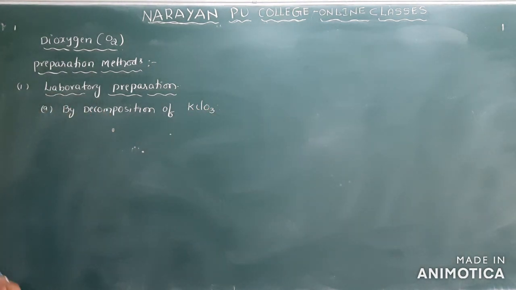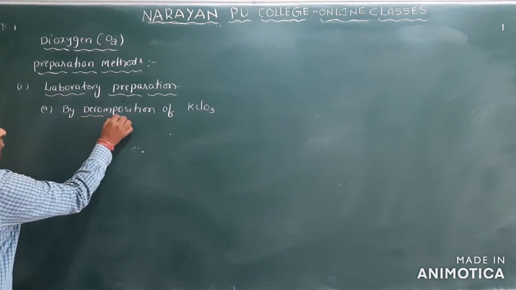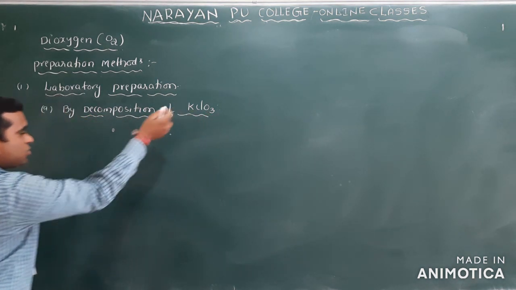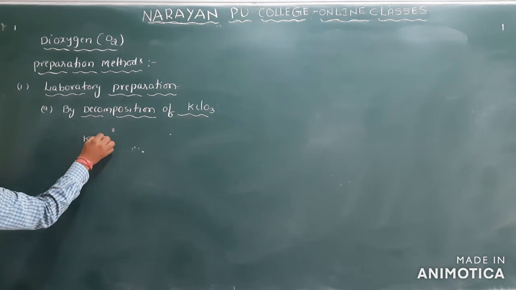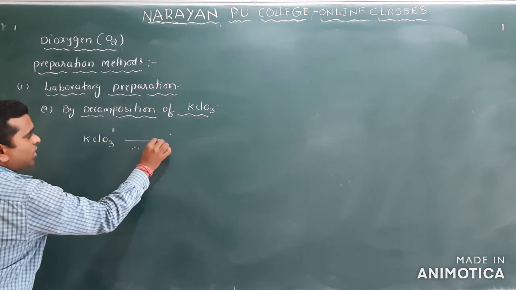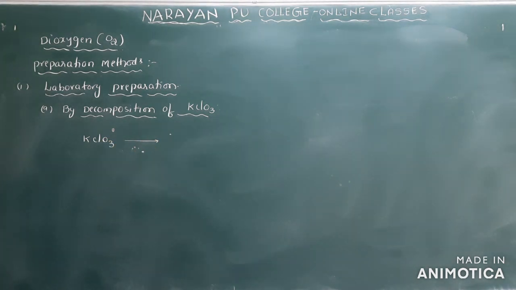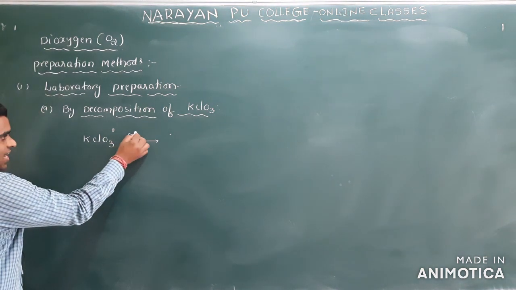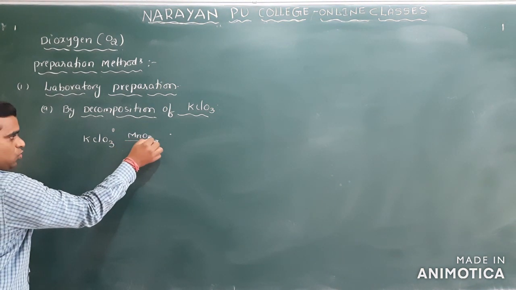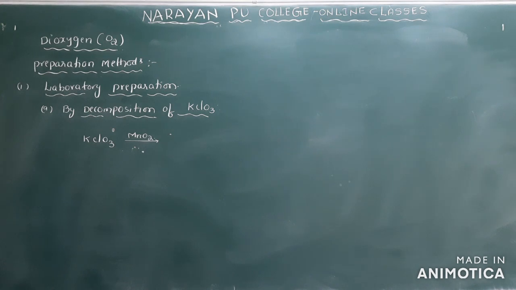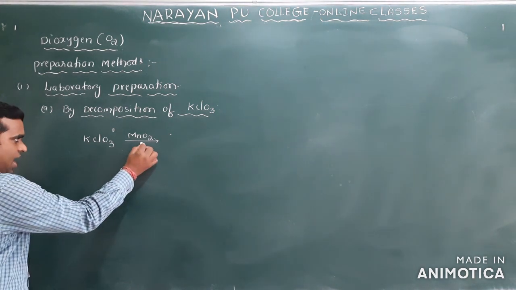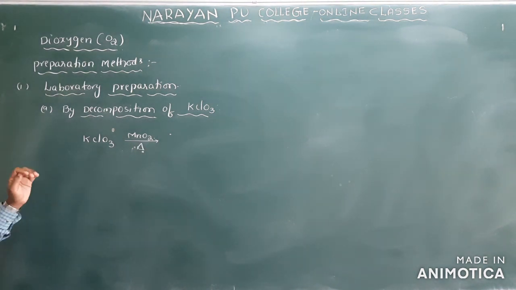KClO3. This is the formula. You know that for KClO3 decomposition you have to supply heat energy. Clear? Also, very important here, the catalyst is MnO2. Manganese dioxide is the catalyst during this reaction, and we supply some heat energy.